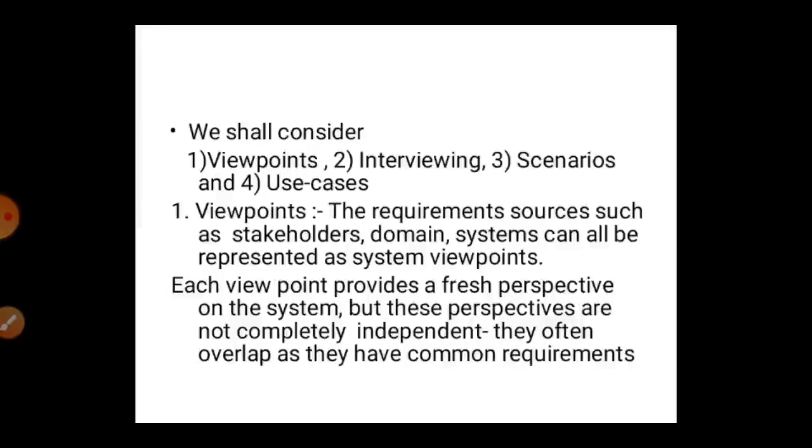Point number 3. The techniques of requirement discovery include viewpoints, interviewing, scenarios, use cases, structured analysis method, and system prototyping. So the techniques of requirement discovery are viewpoints, interview, scenarios, use cases, structured analysis method, and system prototyping.